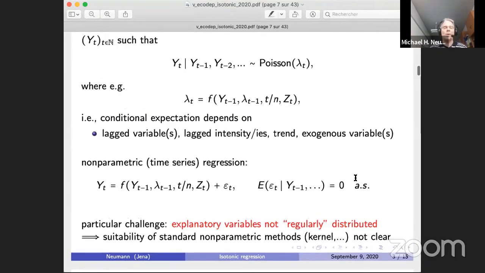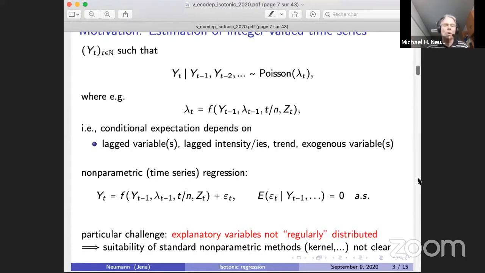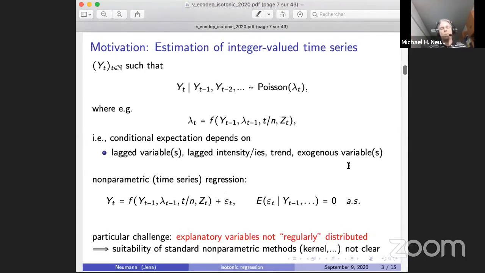So that means, in other words, common non-parametric methods, kernel estimators or whatsoever, are perhaps not suitable. And moreover, such methods like kernel estimators require the choice of a method parameter, a bandwidth, and in particular in this time series context, the choice of such a bandwidth is not an easy task.